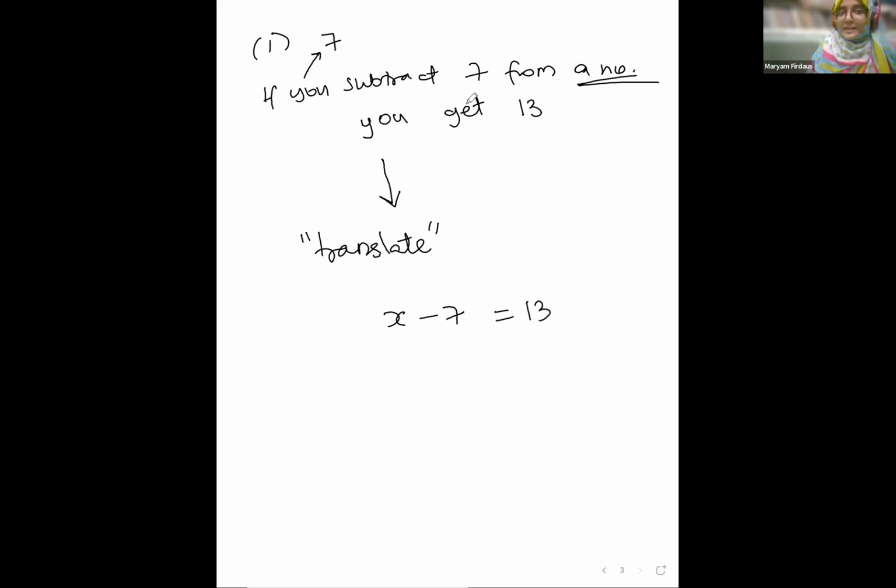In that case, remember that phrases like "you get", or "the sum of so and so is 19", the "is" and the "you get" are nothing but equal to. You get means equal to. That's how we are translating.